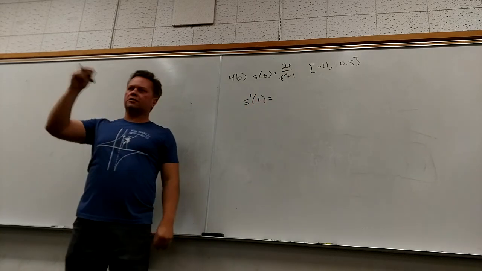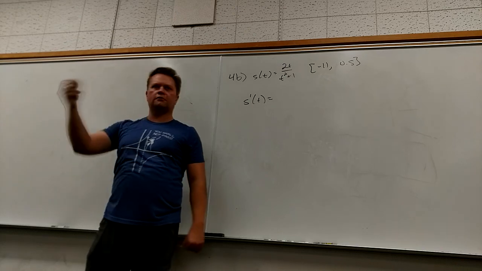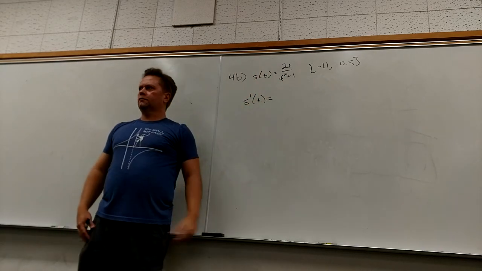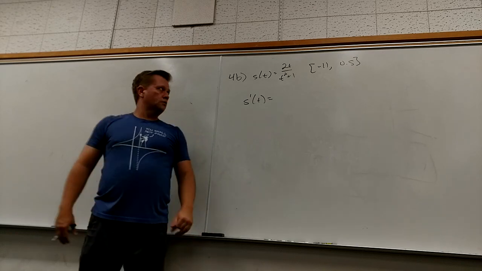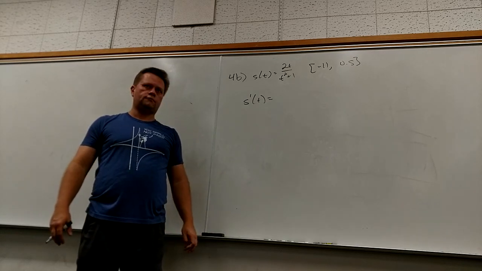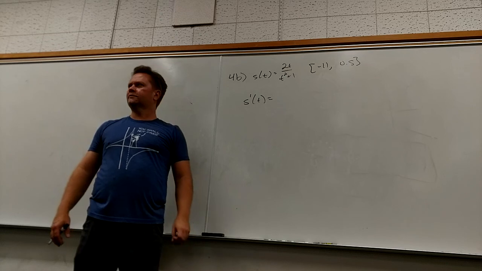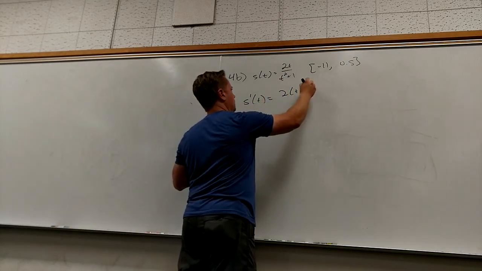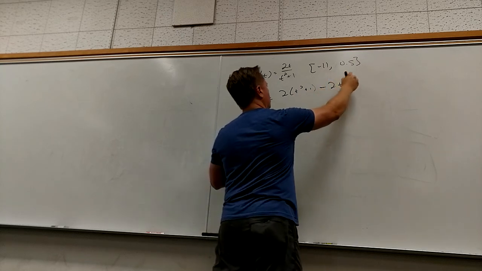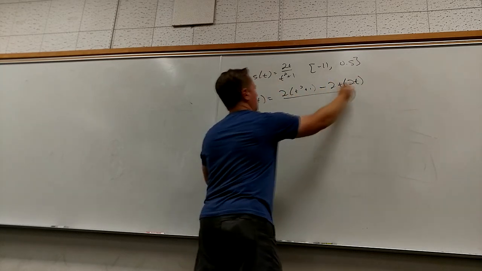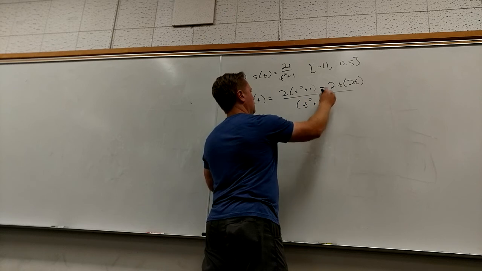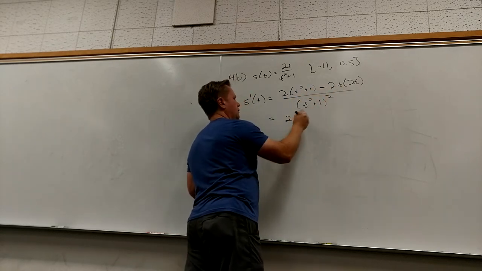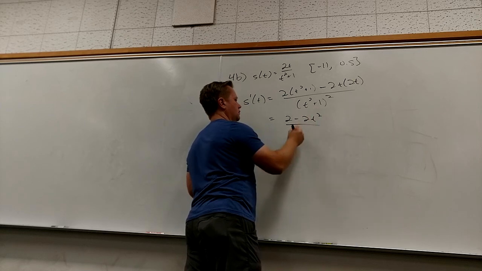Once you learn L'Hopital's, you start doing the wrong thing at the wrong time. But here I've got to use the quotient rule. I'm taking the derivative of that function. So it'll be the derivative of the top times the bottom, minus the top times the derivative of the bottom, all over the bottom squared. So 2t squared minus 4t squared is negative 2t squared.